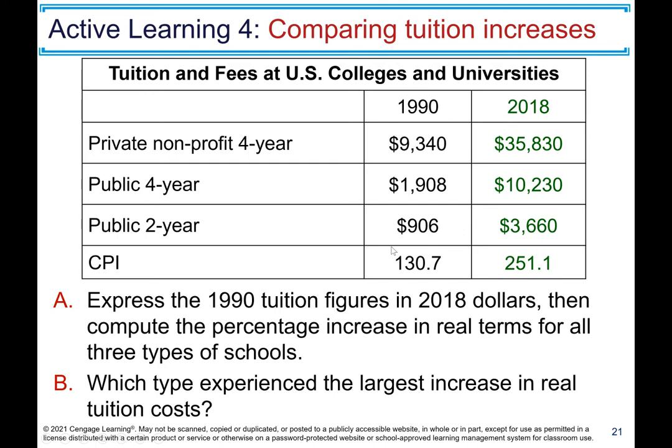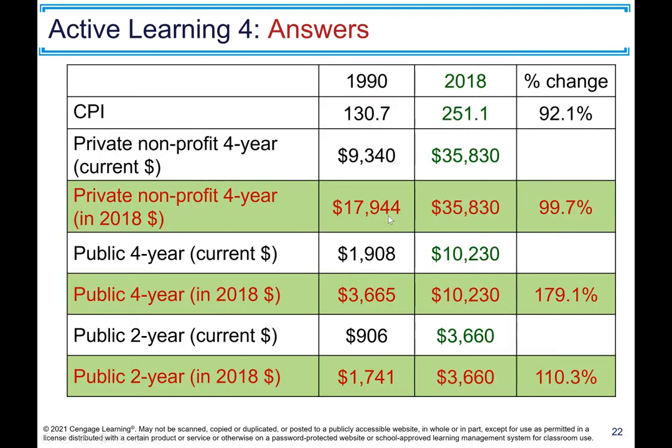The CPI in 1990 was 130.7 and 251.1 in 2018. Question A: express the 1990 tuition figures in 2018 dollars, then compute the percentage increase in real terms for all three types. And B: which type experienced the largest increase in real tuition cost? So here are the answers.